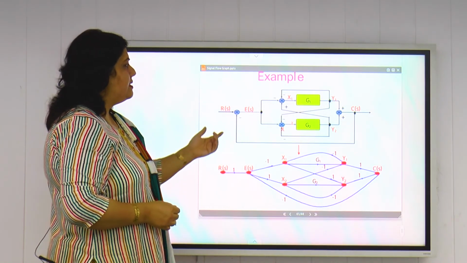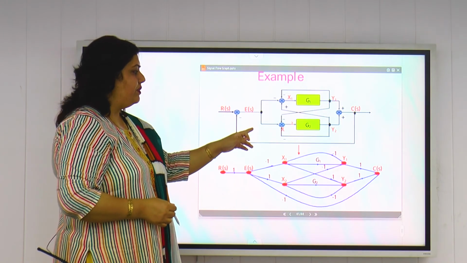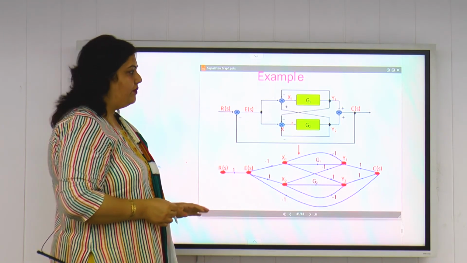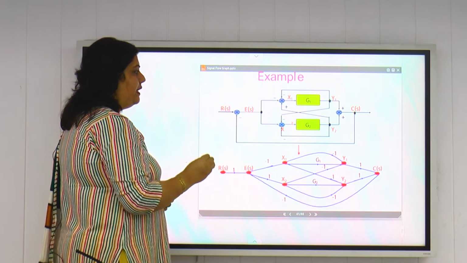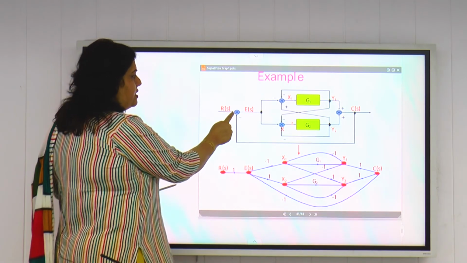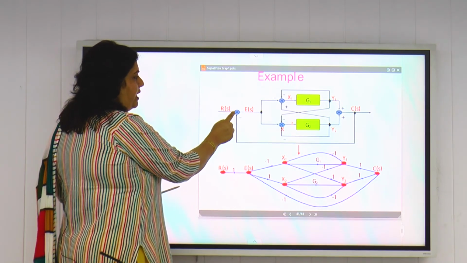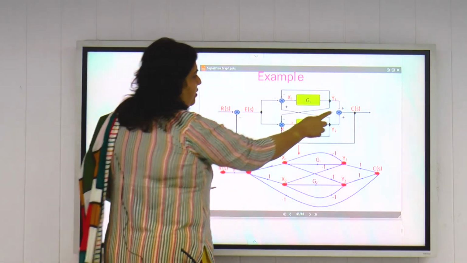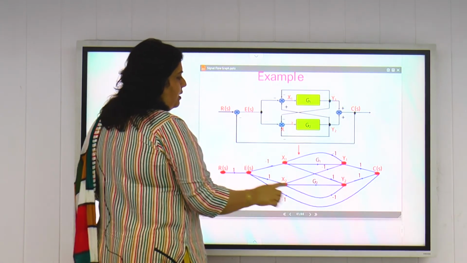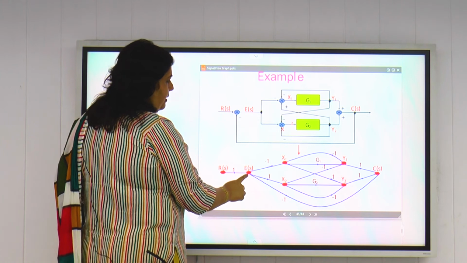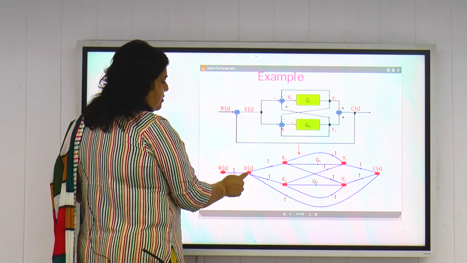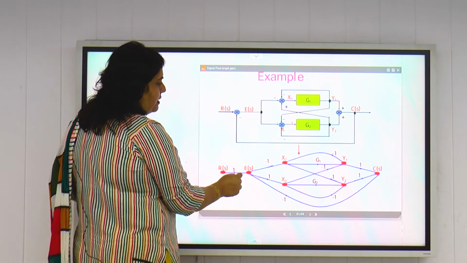So now this is the second block diagram. Now we have to convert this block diagram into a signal flow graph. So we will have to identify the number of nodes. I have already told you that each comparator and each takeoff point is considered as a single node. So we will represent them by nodes here. This was the first node, ES, represented by this.